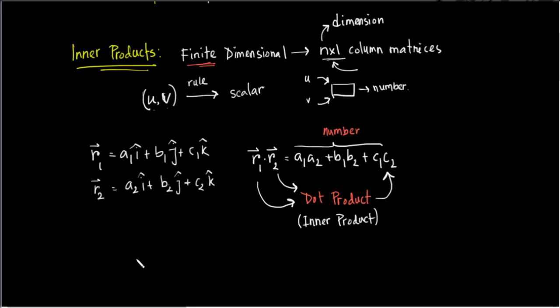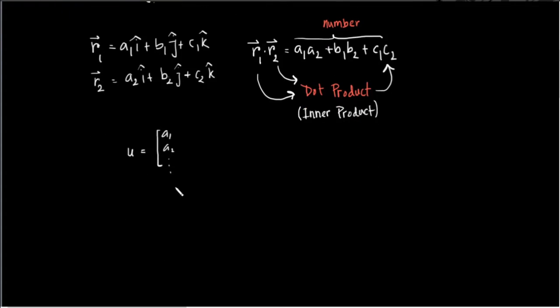Since we will be explicitly working with column matrices, suppose we have a vector u with components a1, a2, dot dot dot, an, in an n-dimensional vector space, and we have another vector v with components b1, b2, dot dot dot, bn.